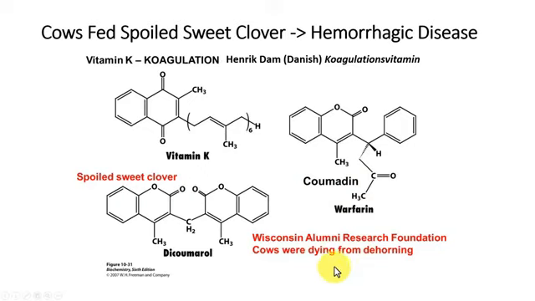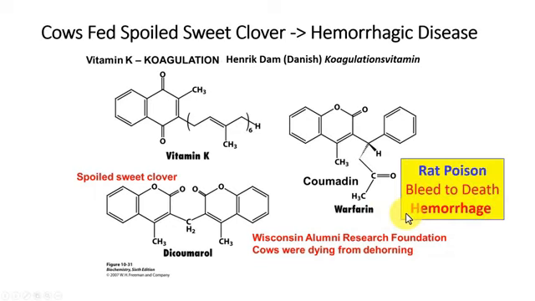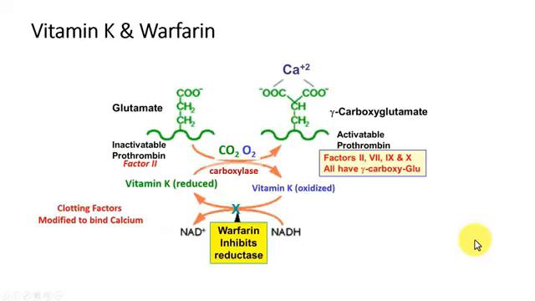And warfarin stands for WARF, Wisconsin Alumni Research Foundation, and the University of Wisconsin benefited from the patent of warfarin for a number of years. It's used to treat patients, and it's an excellent rat poison. The rats tend to eat large amounts of it, and they bleed to death or hemorrhage to death.